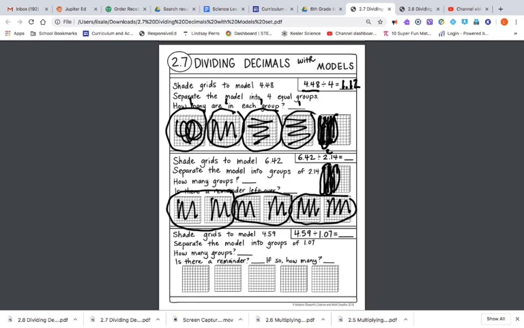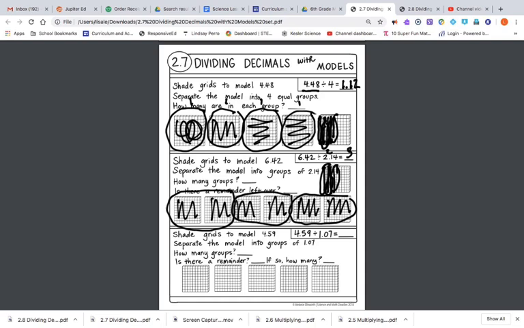So all together, I created 3 groups of 2 and 14 hundredths out of 6 and 42 hundredths. I hope I said that right. I'm going to say it again. In all, I made 3 groups of 2 and 14 hundredths out of 6 and 42 hundredths. So I made 3 groups.